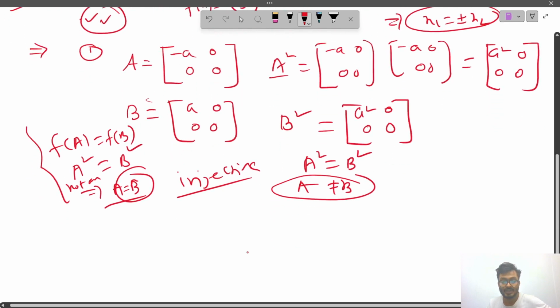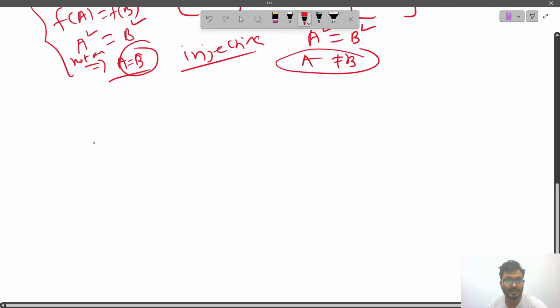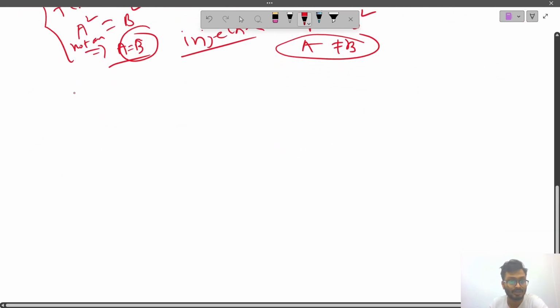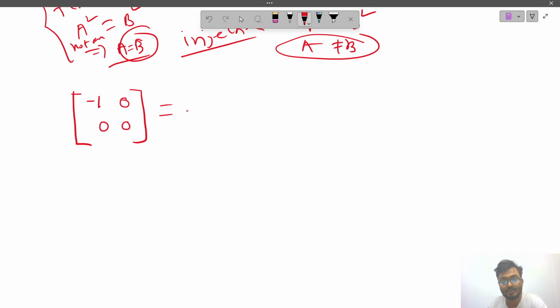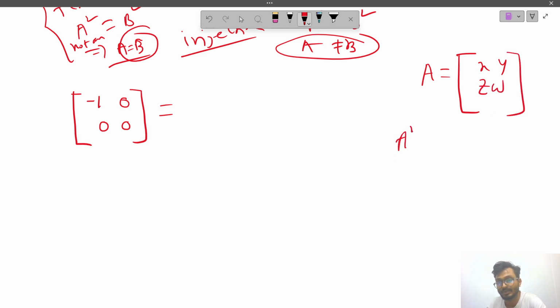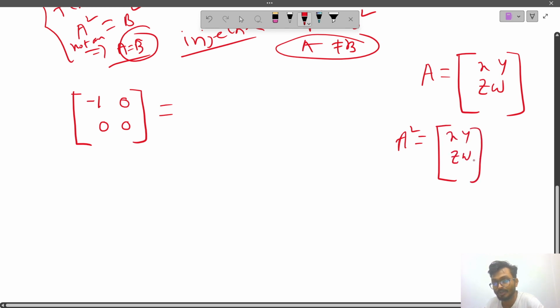For the case of surjective, let us take a matrix like minus 1 0 0 0. Now suppose we take A like x y z w. So what will be A square? A square will be x y z w into x y z w.